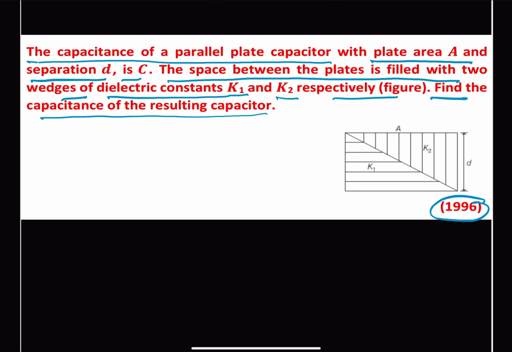So we are given this basic figure. This is the plate of the capacitor, and inside it we have two different dielectrics. One has dielectric constant K2 and the other has K1.